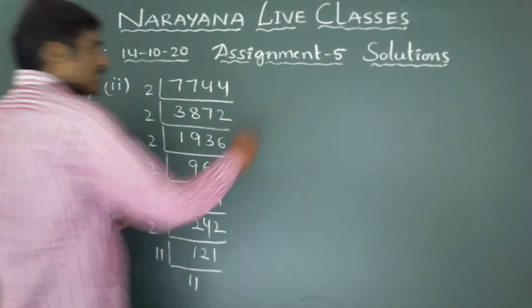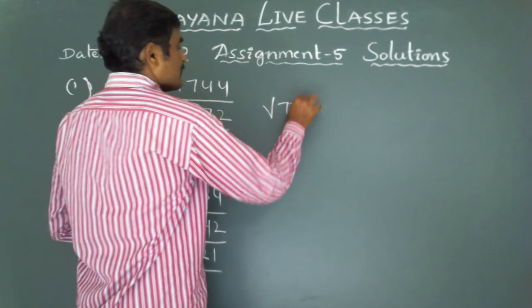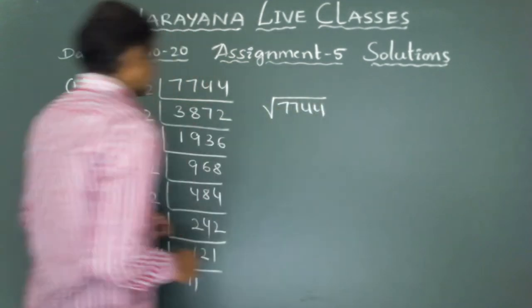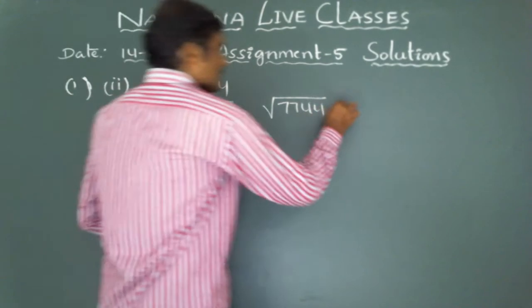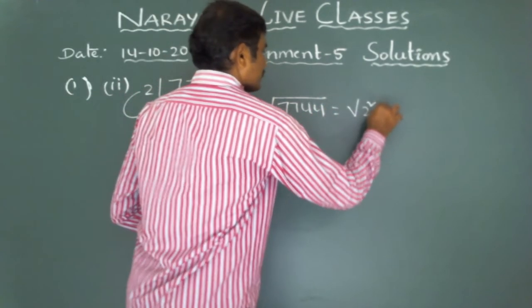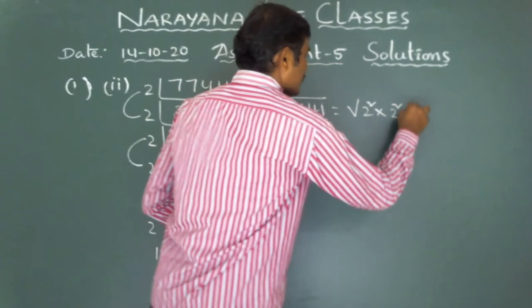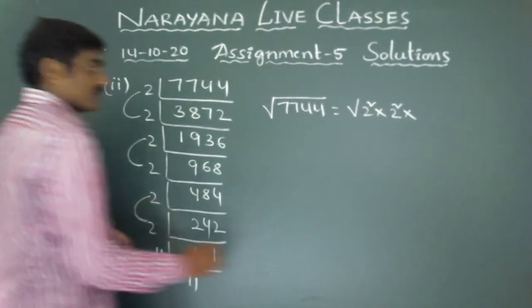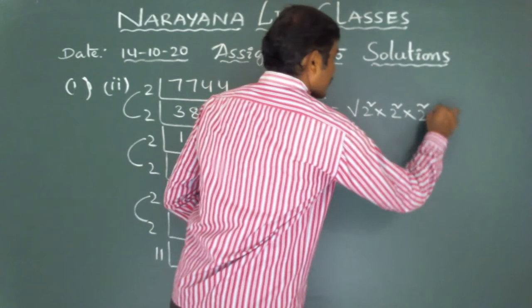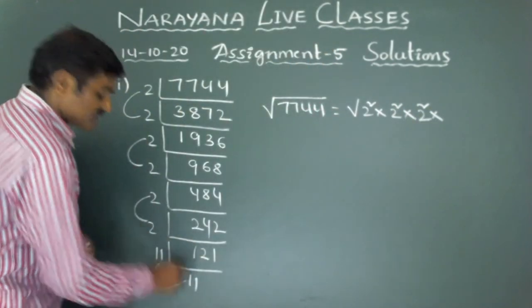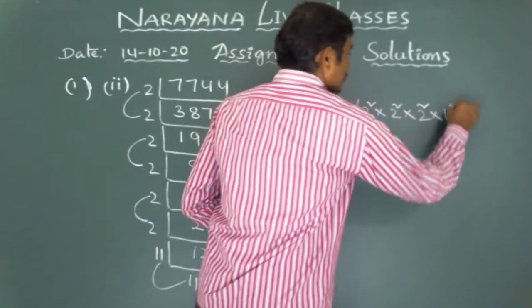Now the square root of 7744 can be written as 2 square into 2 square into 2 square into 11 square.